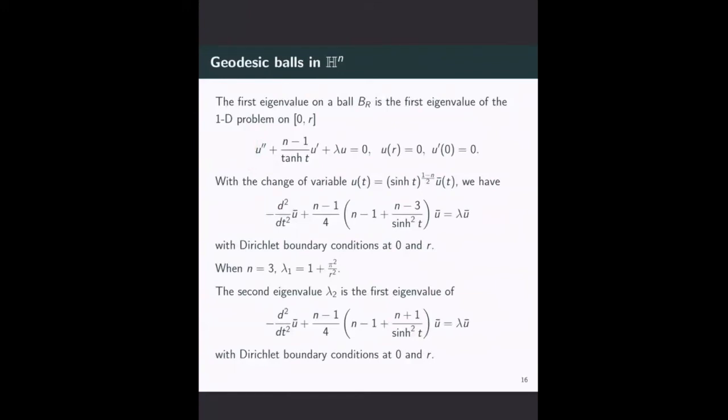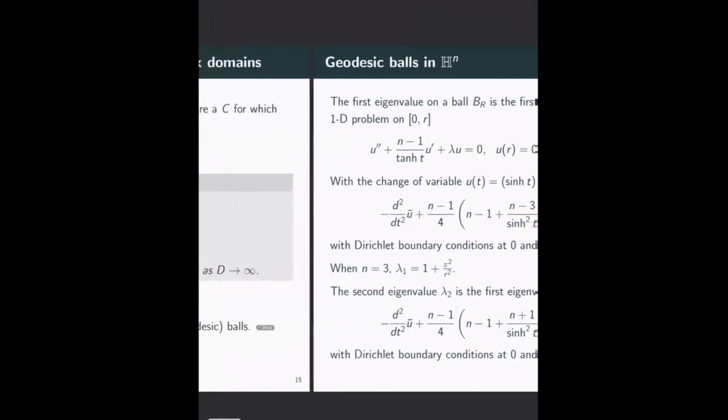And somewhere in the literature, there is this amazing change of variable, really nice, that converts this problem into something that looks like a linear ODE, except for this term. And you see sinh square of t would go to infinity, so this term goes to 0 when t is large. So it behaves almost like a linear ODE.